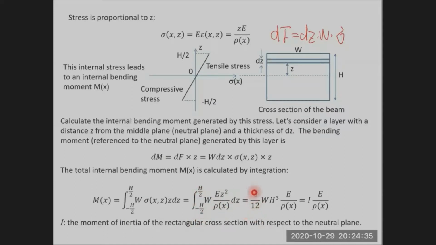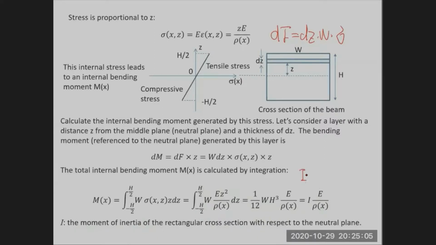So that gives us 1/12 W h cubed E over rho. Right? Rho is a function of x, the horizontal position. We replace 1/12 W h cubed with I. We call I the moment of inertia of the rectangular cross section with respect to the neutral plane.